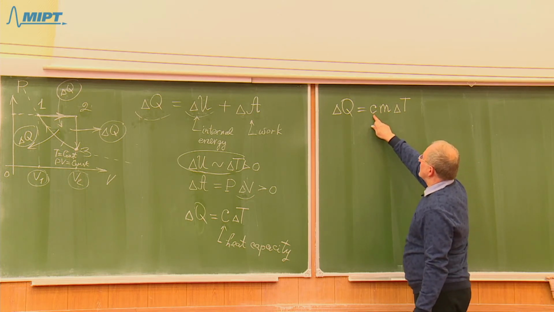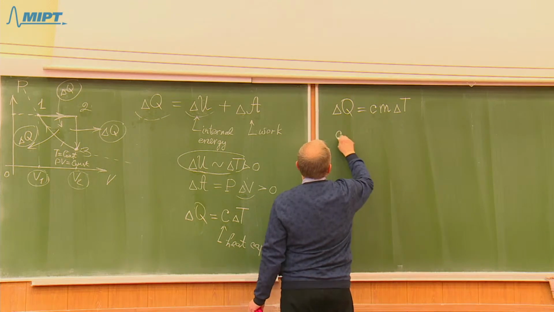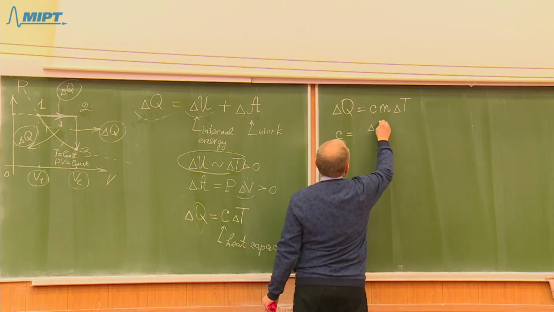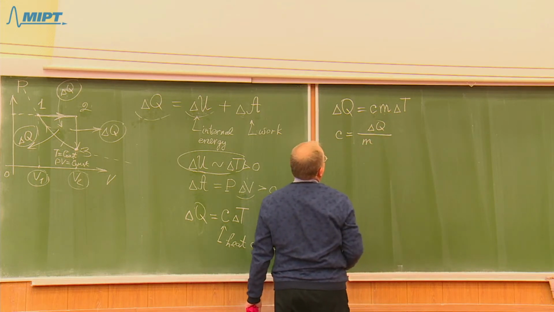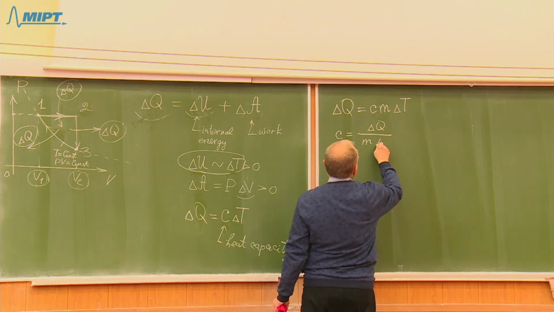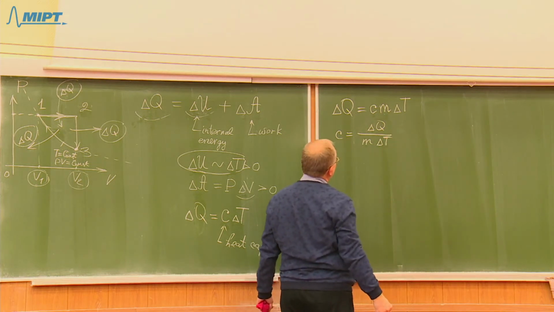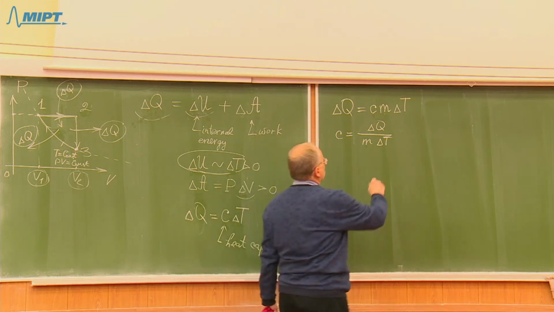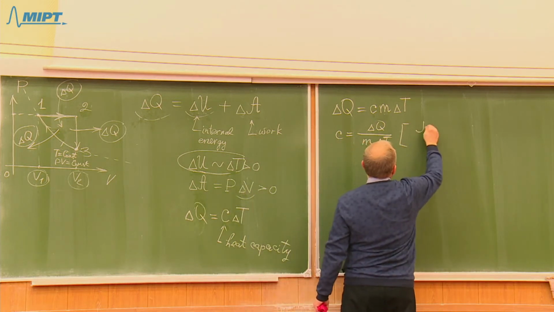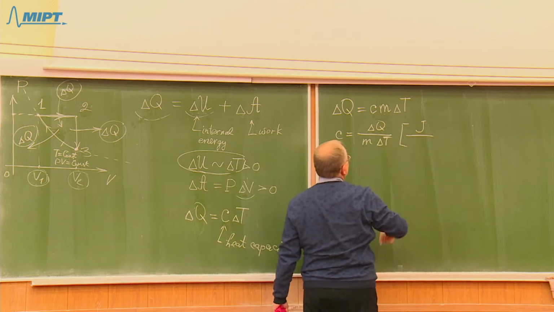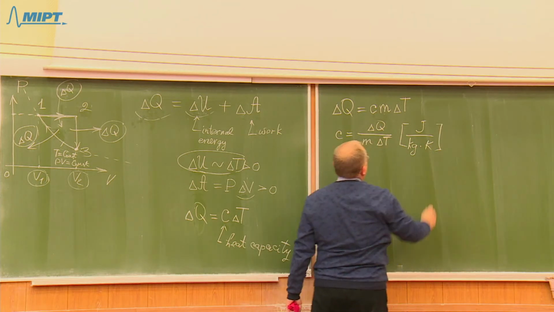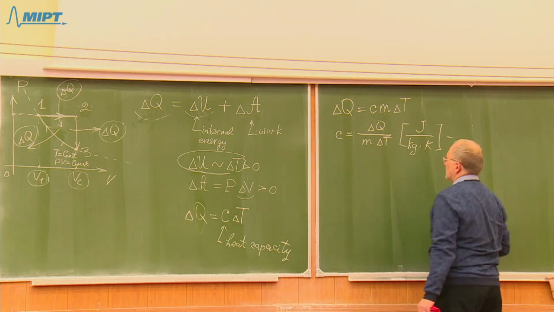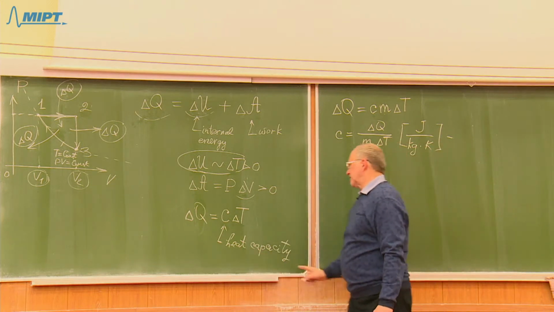Now, the physical sense of this small c is the amount of heat needed to increase the temperature of a unit mass of the body by one unit of temperature. So its units of measurement will be joules, that is the amount of heat energy, per kilogram per Kelvin. And this quantity is called the specific heat capacity.